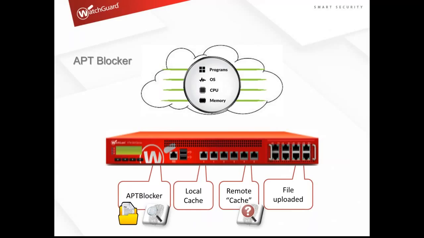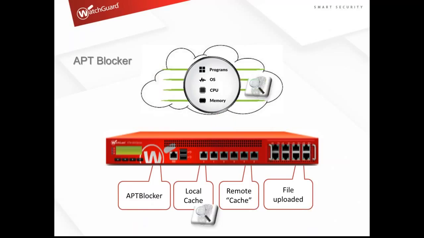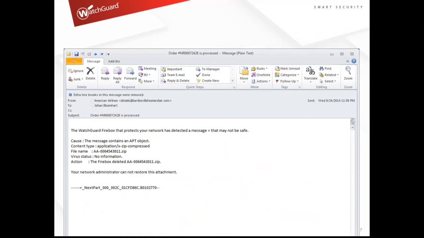Now, for some reason, if we take the MD5 and we don't find it in the local or remote cache, this is where we actually upload it into the Lastline virtual environment, and then we look at the analysis on the programs, the operating system, the CPU level. Once we determine that that threat is either a low on up through a high, now we're able to redistribute that signature through the remote cache as well as pull down to the local cache if need be.